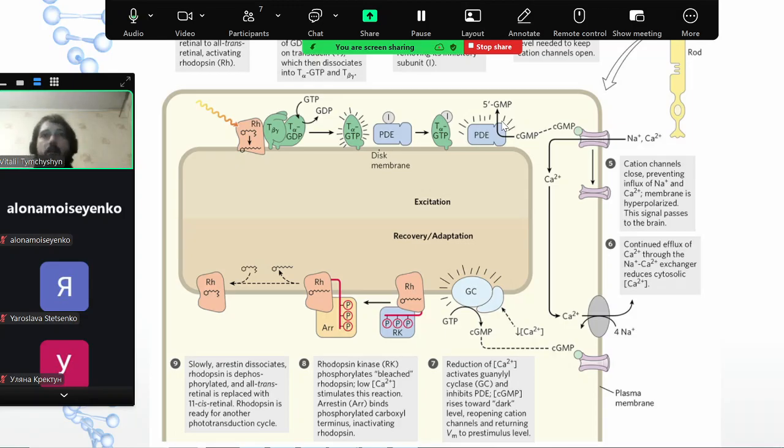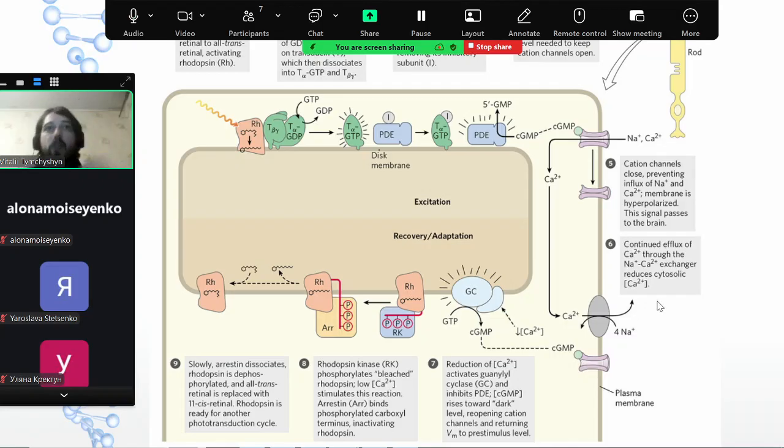So you don't have this biochemical cascade ongoing forever, because we never want cascades to be ongoing forever, as they would be useless. So you need a way to turn it on, but you also need a way to shut it down. The hydrolysis of the GTP to GDP will automatically turn off the G protein, so that we don't have infinite signal transmission, and that's really good.